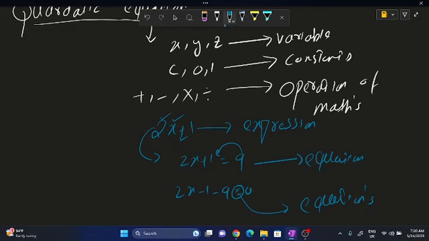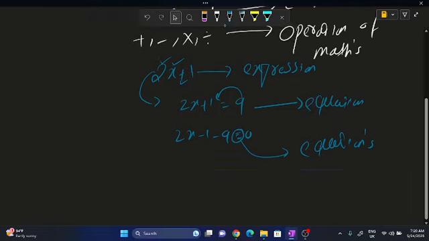So when someone asks you to define what is an equation, you have to say that when an algebraic expression is related with another algebraic expression or a constant by making a comparison with a sign of equality, that gives you the definition of equation. Equation means making a relationship between two sides of the expressions. That's all.